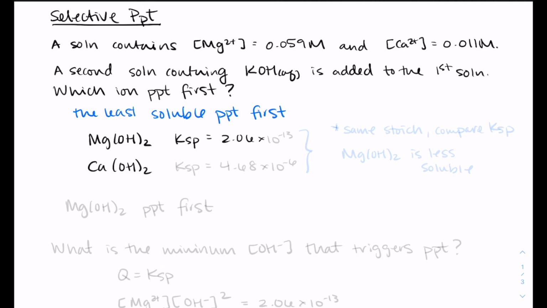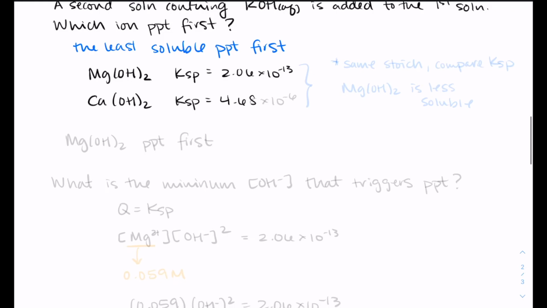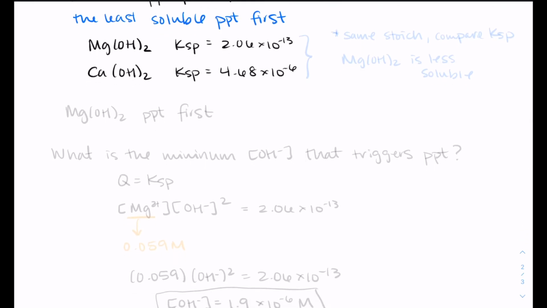They have the same stoichiometry. So very nicely, we can compare the KSPs, or you could take the extra step to calculate the molar solubility, but you should get the same answer. The magnesium hydroxide is less soluble than the calcium hydroxide, so the magnesium hydroxide would precipitate first.